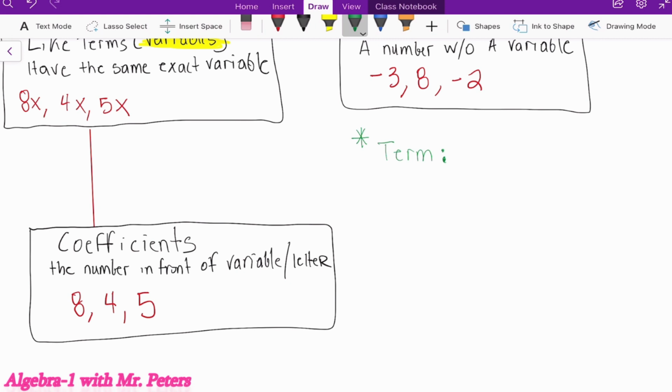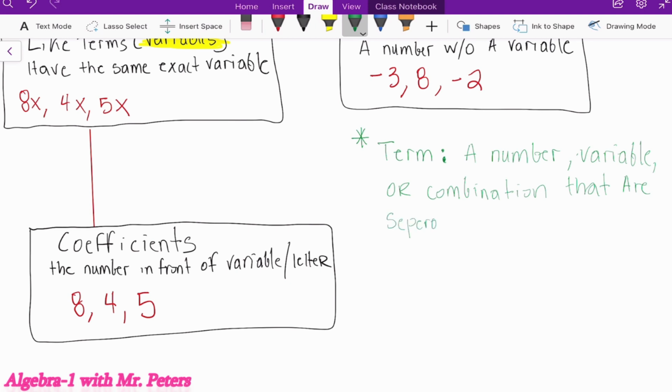All right. So a term is a number, variable, or combination that are separated by operation symbols, okay?